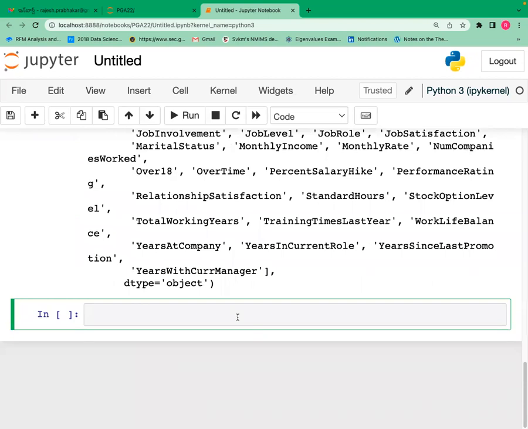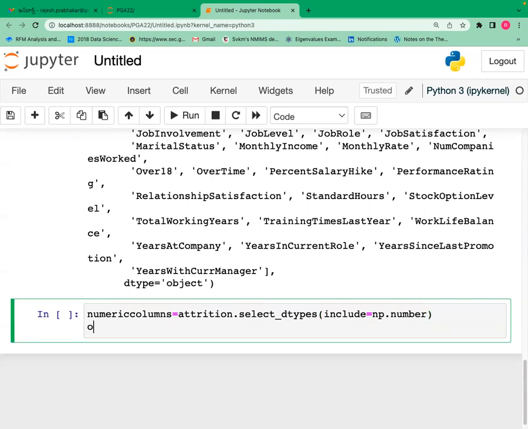Now, let us split the data into numeric and object columns. numeric_cols is equal to attrition.select_dtypes(include=np.number). object_cols is equal to attrition.select_dtypes(include=['object']).